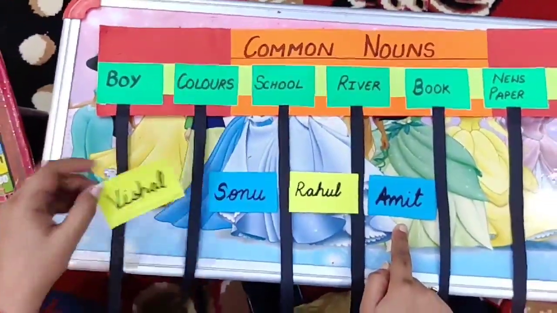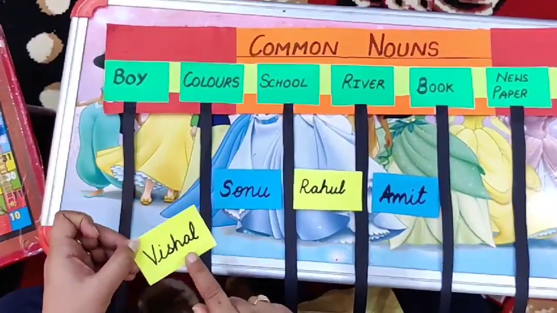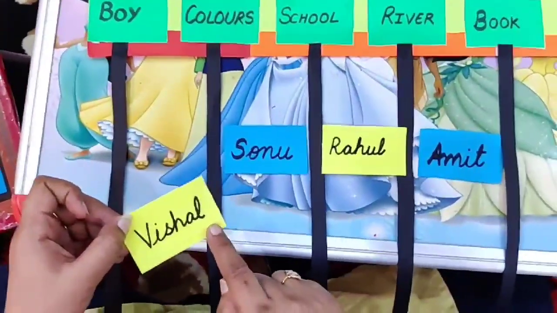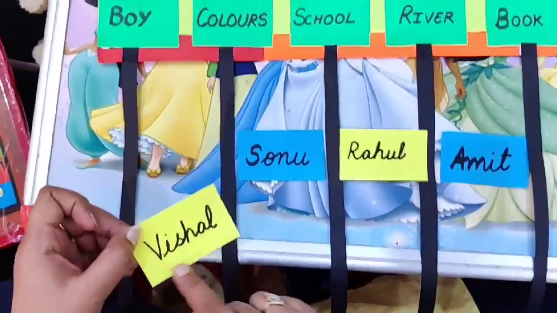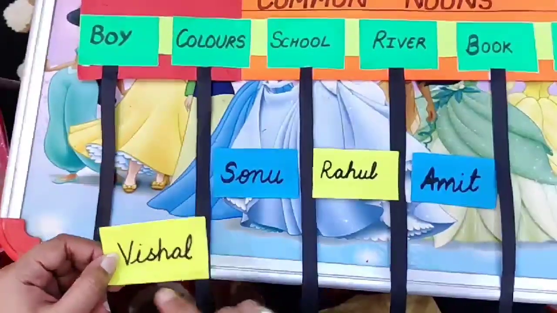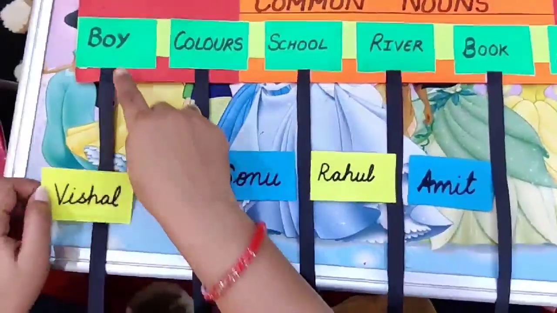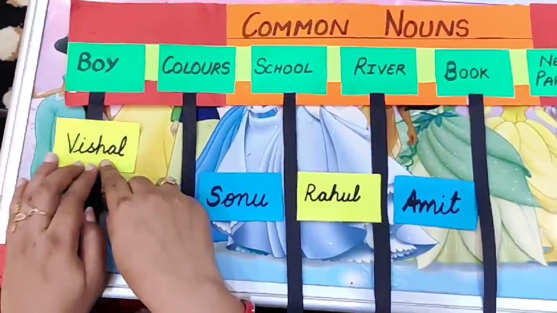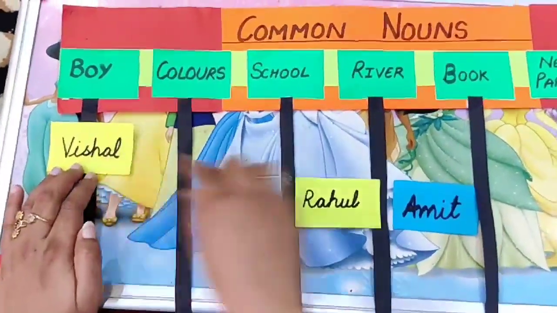And now the specific name of the boy is mentioned, Vishal. Vishal is the specific name given to a boy. So it is a proper noun. So I will paste this slip of proper noun under the common noun boy.